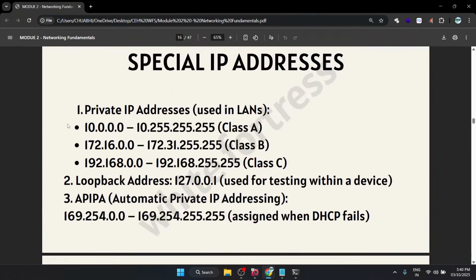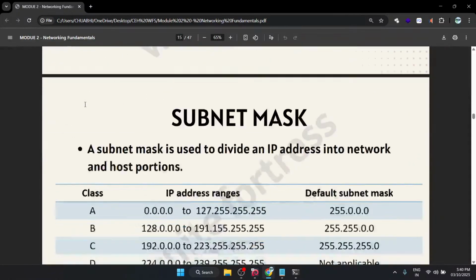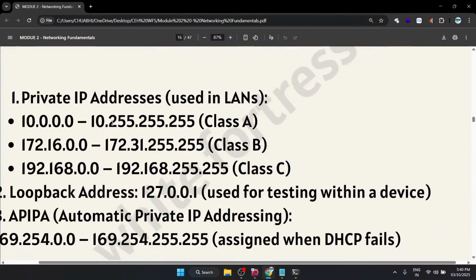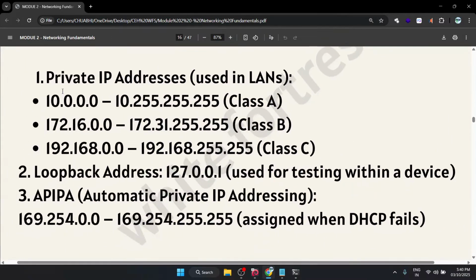So, now there are some very special IPs, other than the normally used IPs. We have some private IPs in class A, in class B, and in class C. This is the range of the IP addresses that are private IP addresses.